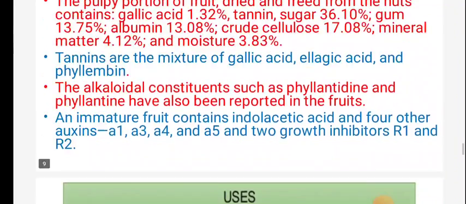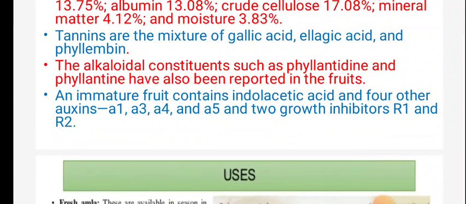The alkaloidal constituents such as phyllantidine and phyllantine have also been reported in the fruits. An immature fruit contains indolelactic acid and four other auxins A1, A3, A4, and A5, and two growth inhibitors as R1 and R2.